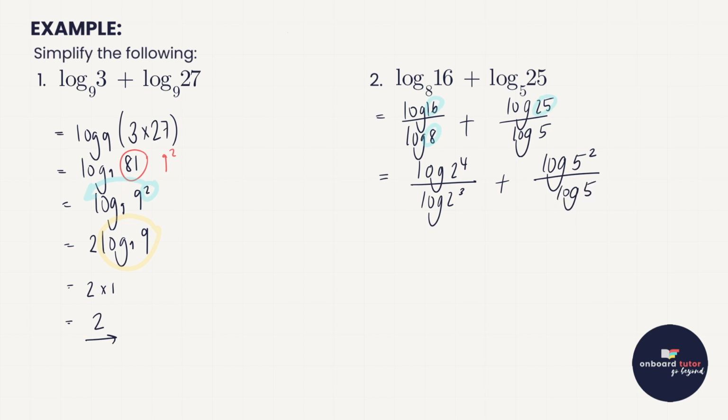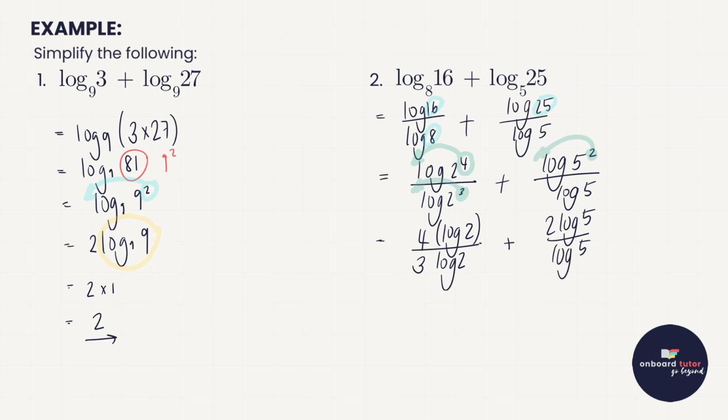Let's apply the log law that says we may move the exponent down to the front of the log, and we're going to do that for all of these. So we then have 4 times log 2, it's actually not necessary to do the bracket there, over 3 times log 2, plus 2 log 5 over log 5.